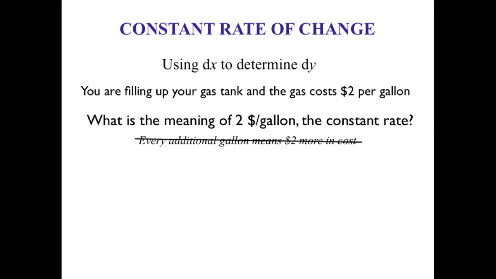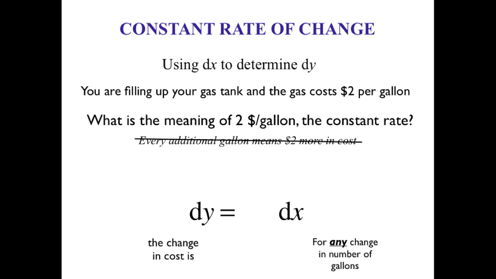All right, what's that? Given any number of gallons, the change in cost is 2 times that number of gallons, right? If you put 10 more gallons in your tank, you all know how much more you're going to have to pay. How much more? Say it. 20.